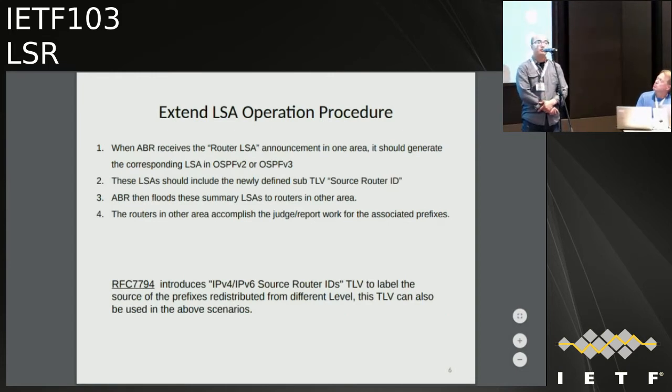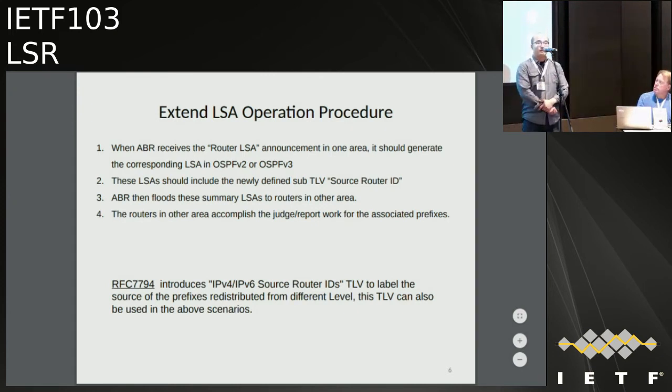Here's the procedure of the operation. Basically, when the ABR receives the router LSA in one area, it will need to generate the corresponding summary LSAs, with this new sub-TLV added to the extended LSAs, and then it will advertise this summary TLV to the other areas.